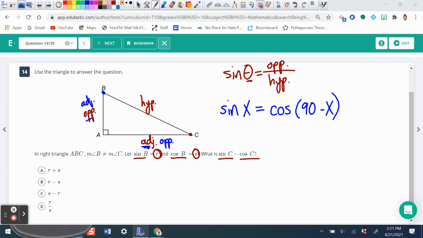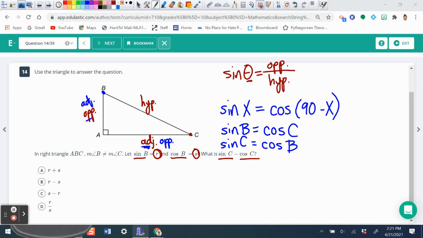So in this case, the sine of B is actually equal to the cosine of C, and the sine of C is equal to the cosine of B. Because when describing the opposite and adjacent side, they switch based on which angle we're looking at. So sine and cosine of complementary angles are actually equal.